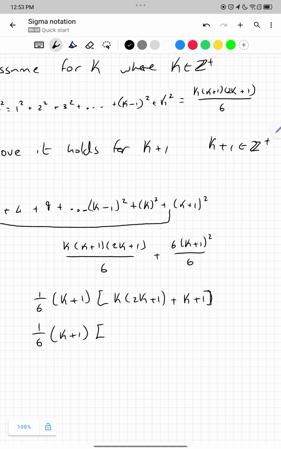So I have 2k squared plus k plus 6k plus 6.